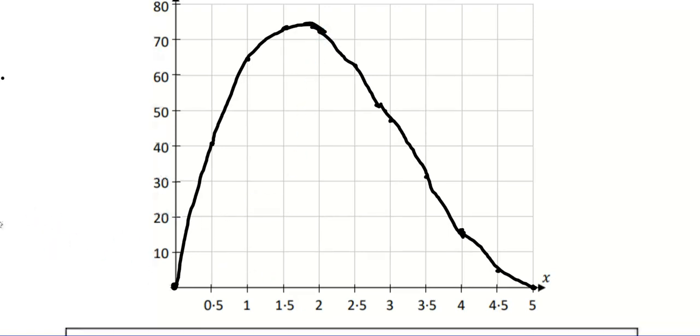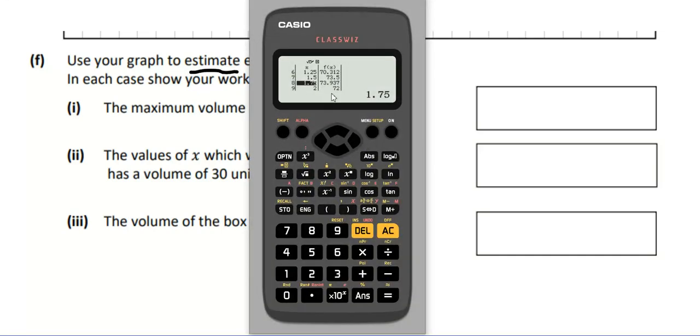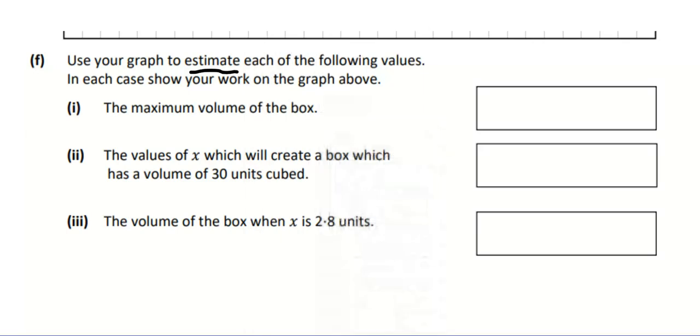Now, use your graph to estimate. It's an estimate, but I have it here. It's about 74. At 1.75, it's very close to 74. So that's what I'll probably go for.